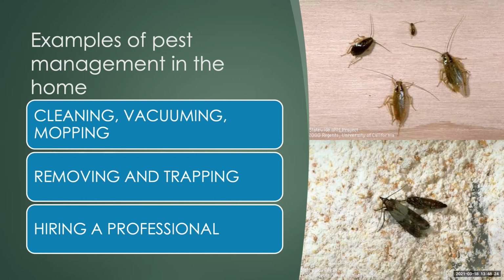So we're going to encourage cleaning and vacuuming, and reducing clutter and hiding places, maybe mopping up spills, or keeping the cat food or the dog food nice and tidy, or using certain kinds of feeding dishes that won't be attractive to pests. Removing pests, removing the attractive food, and trapping some of them.